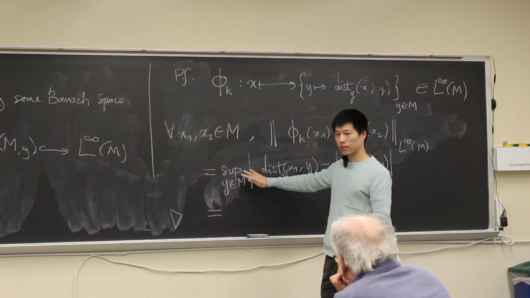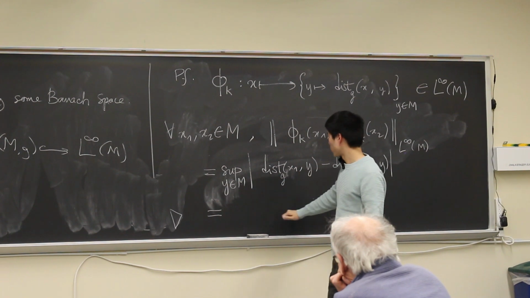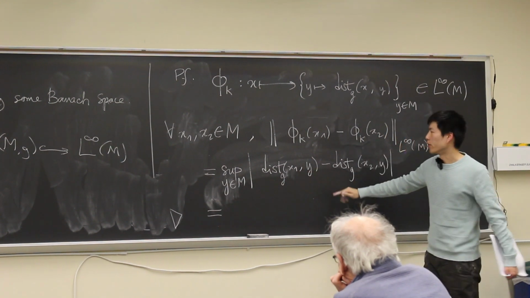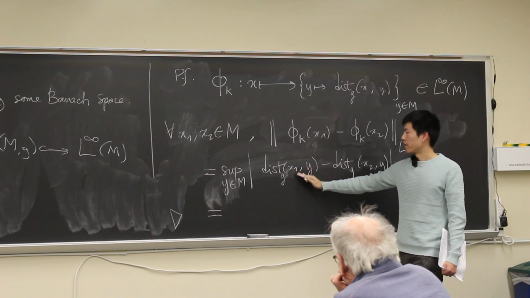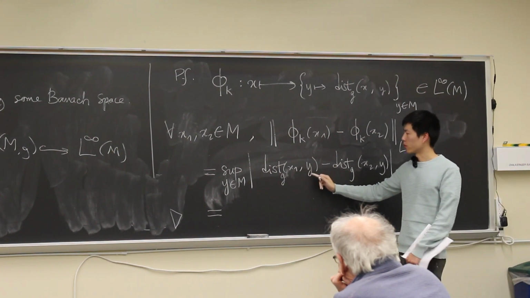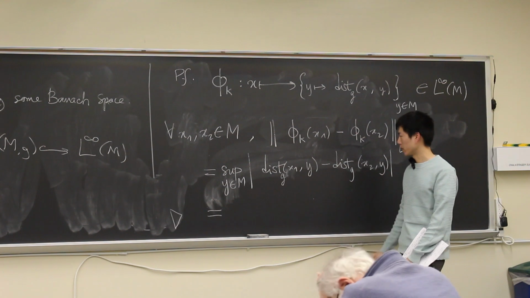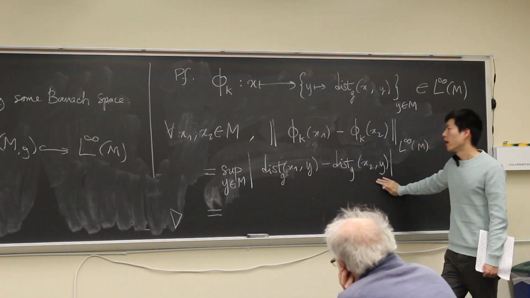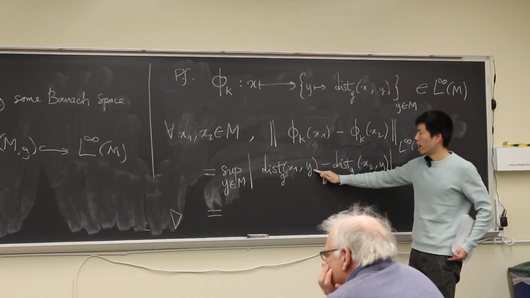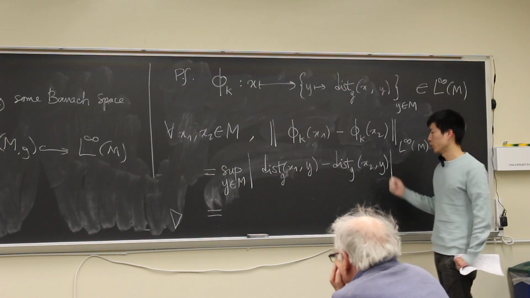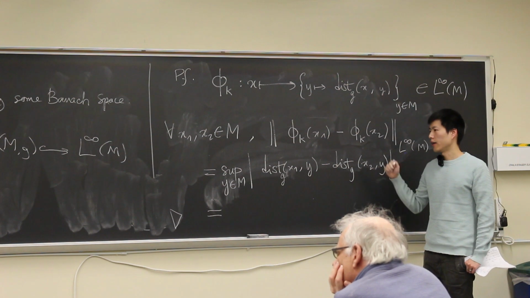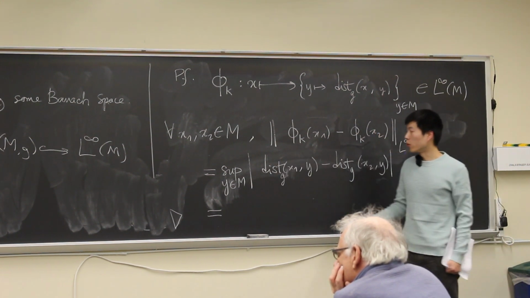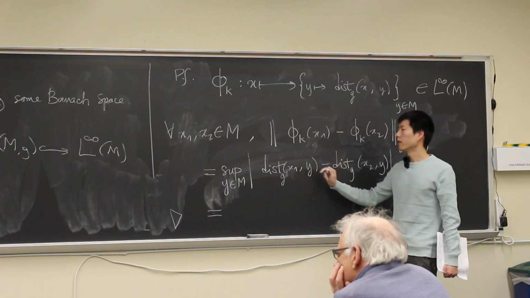And questions? So again, you have 2 points, x1 and x2, and you have two functions that depend on the y variable. Okay. So you want to take the supremum of this function, and what I'm saying is that if you take y to be either x1 or x2, one of those quantities is 0, and so this is going to be equal to the distance between x1 and x2.